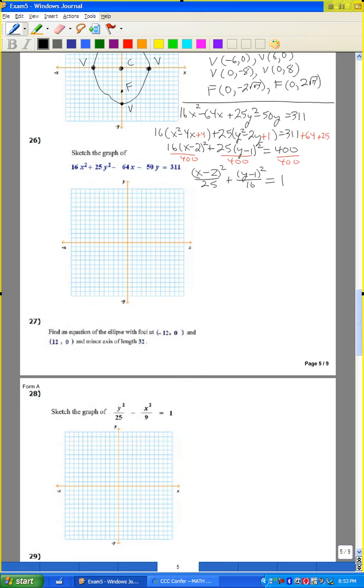So I have here that A is 5, B is 4, and 25 minus 16 is 9, so C is the square root of 9, which is 3. The center is at the point (2, 1). The vertices are found by adding and subtracting 5 along x: 2 minus 5 is negative 3, 2 plus 5 is 7.